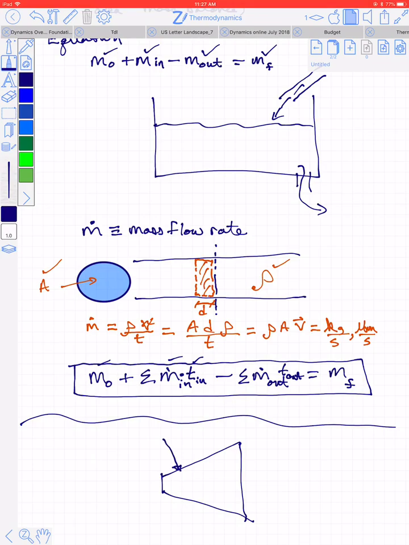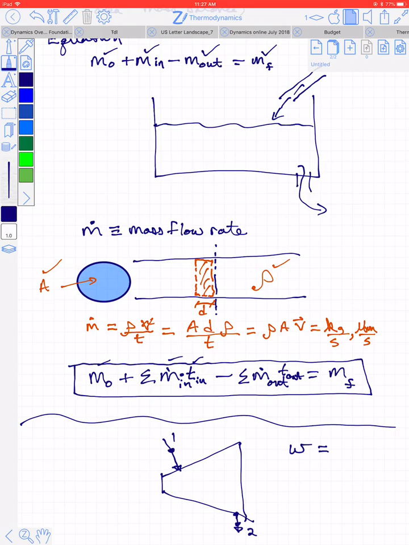Some steam maybe flows into the turbine at point 1 and flows out of the turbine at point 2. If it comes in at a very high energy at point 1 and goes out at a low energy at point 2, we can get some work out of that steam as it flows through the turbine.